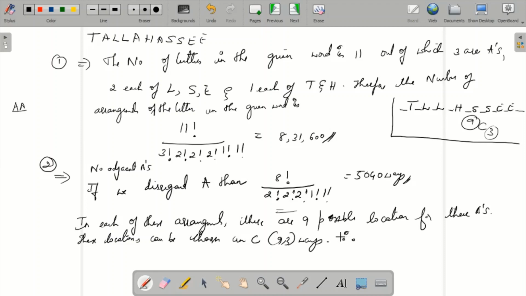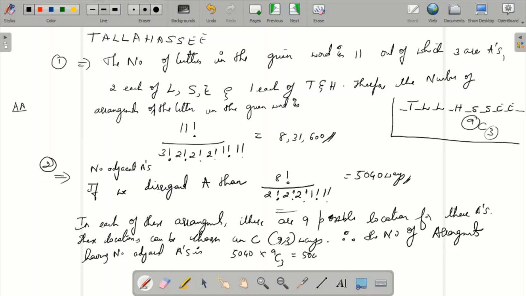Therefore, the number of arrangements having no adjacent A is this, that is 5040, this into 9C3.